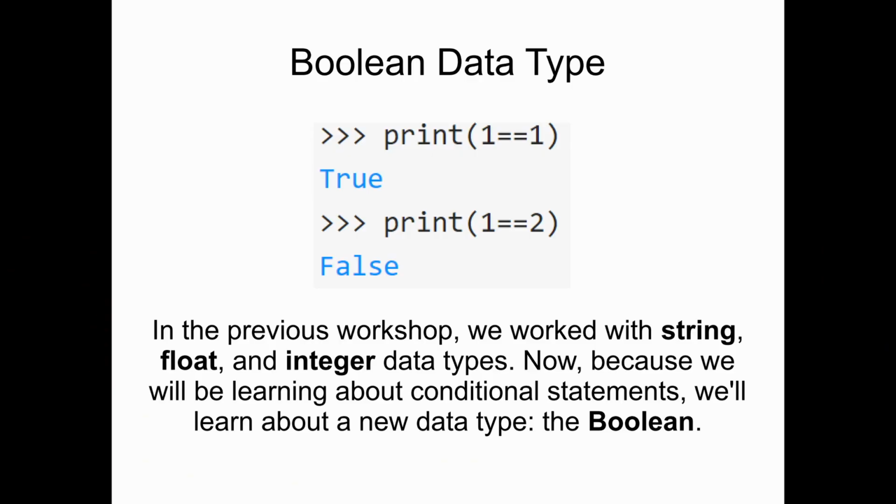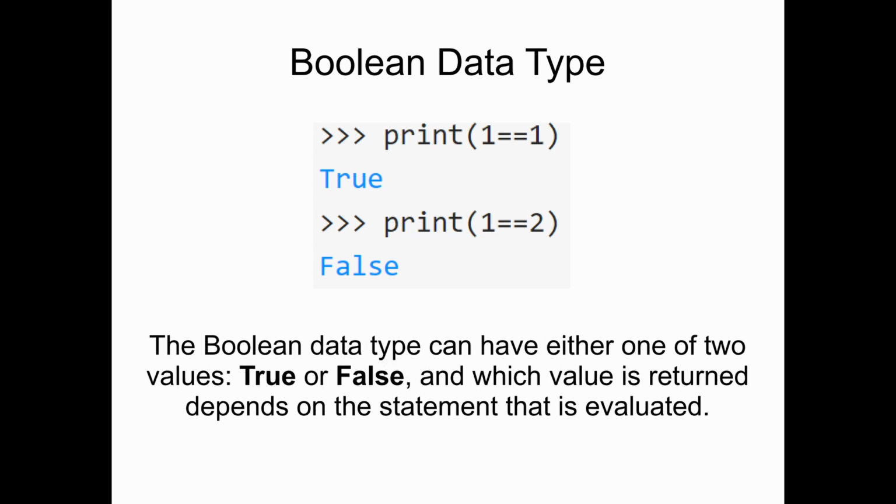In the previous workshop, we worked with string, float, and integer data types. Now, because we will be learning about conditional statements, we'll learn about a new data type, the Boolean. The Boolean data type can have either one of two values, true or false, and which value is returned depends on the statement that is evaluated.